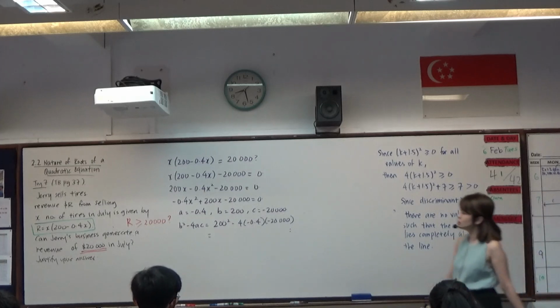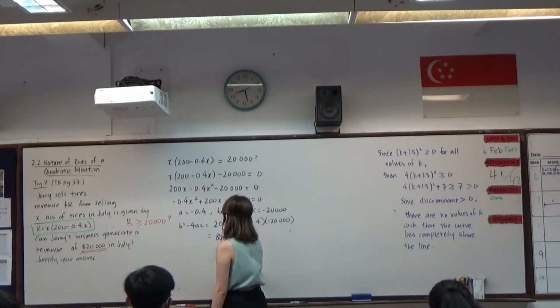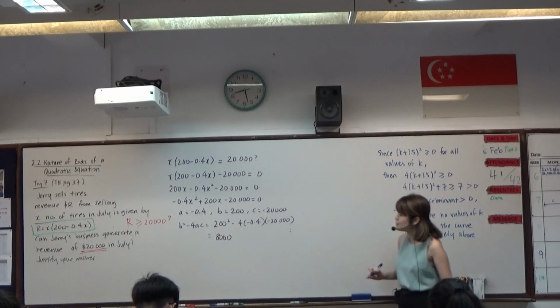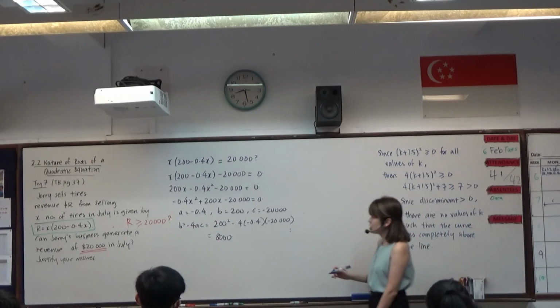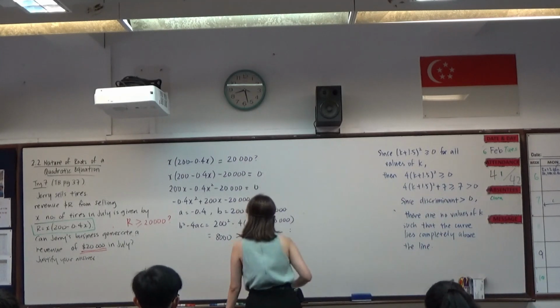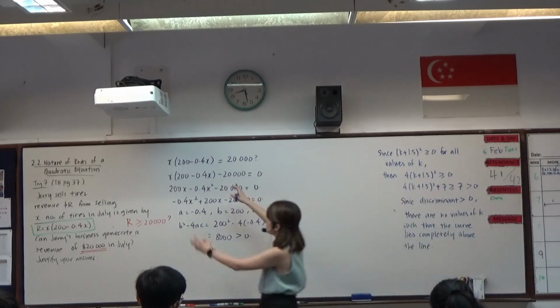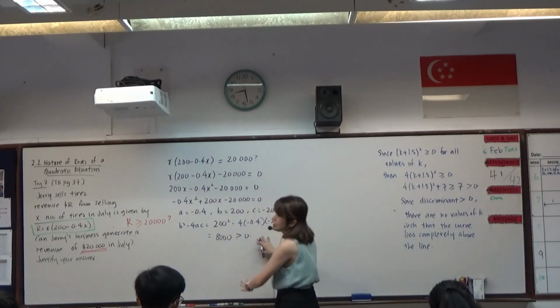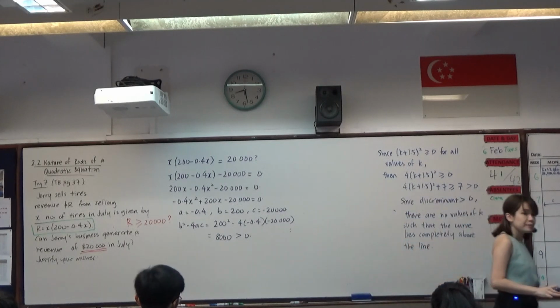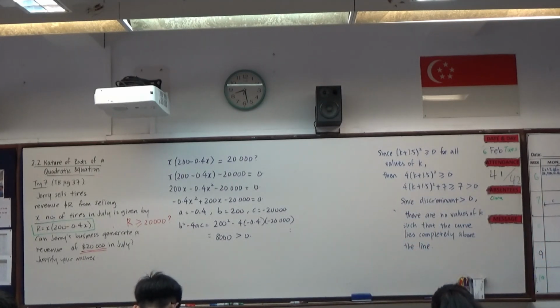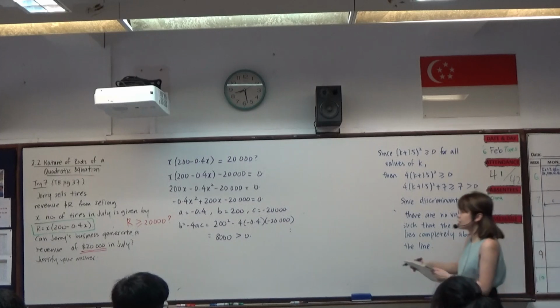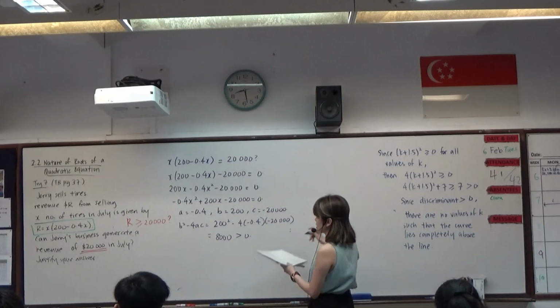So the discriminant comes out to be 8,000, which is more than 0. That means that our curve and the line, this quadratic curve and this line, has 2 real roots. So there's an intersection, which means that it is possible to generate a revenue of $20,000 if you like.